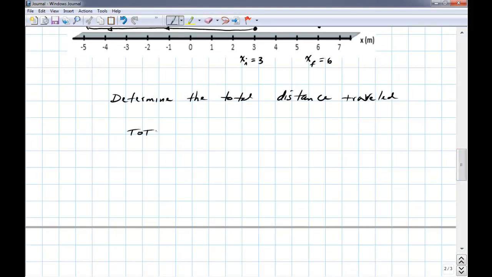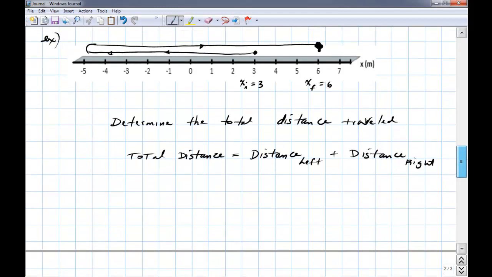We'll note that the total distance equals the distance traveled to the left plus the distance traveled to the right.